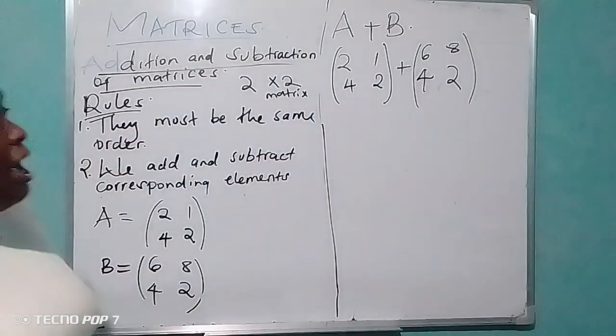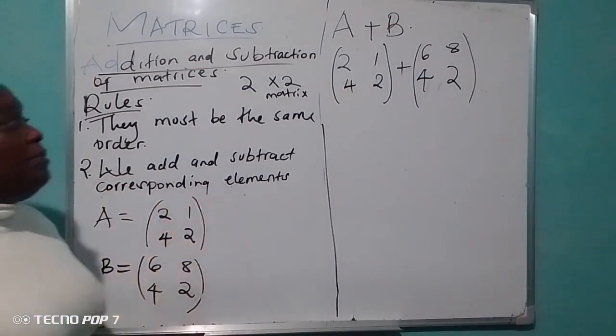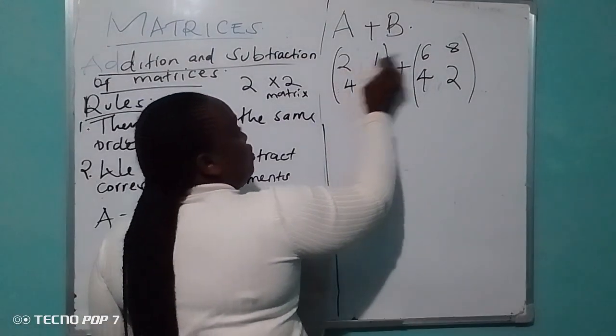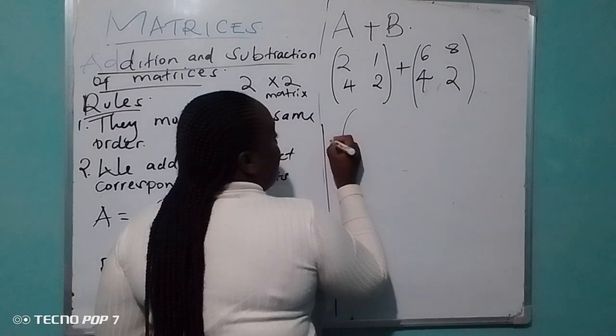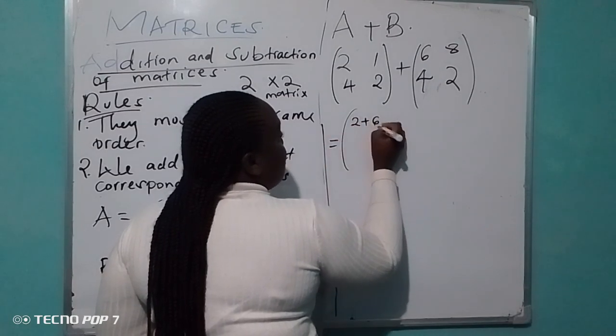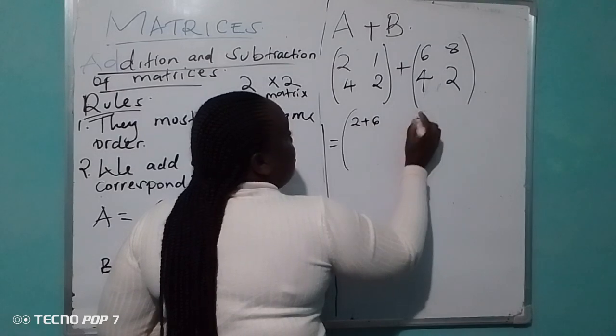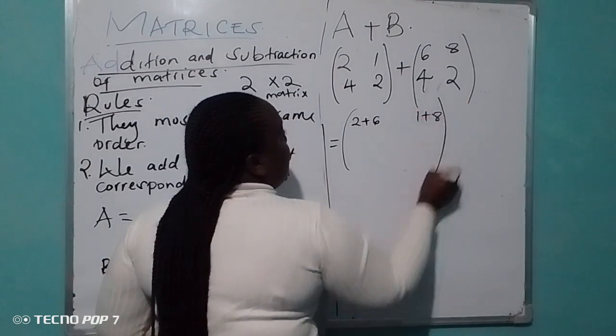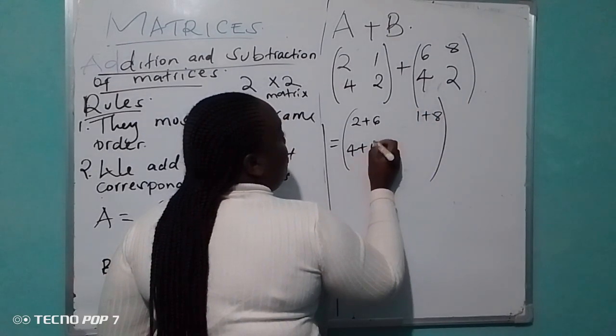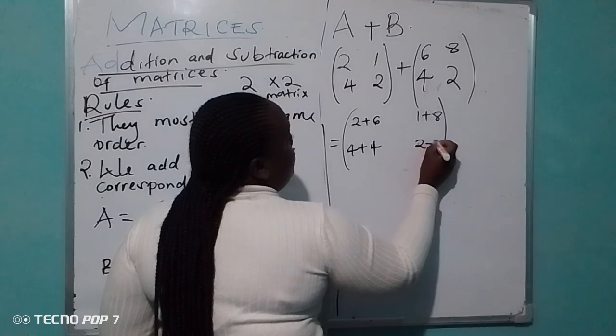So we add corresponding elements. So it is 2 plus 6, 1 plus 8, then 4 plus 4, and then 2 plus 2.